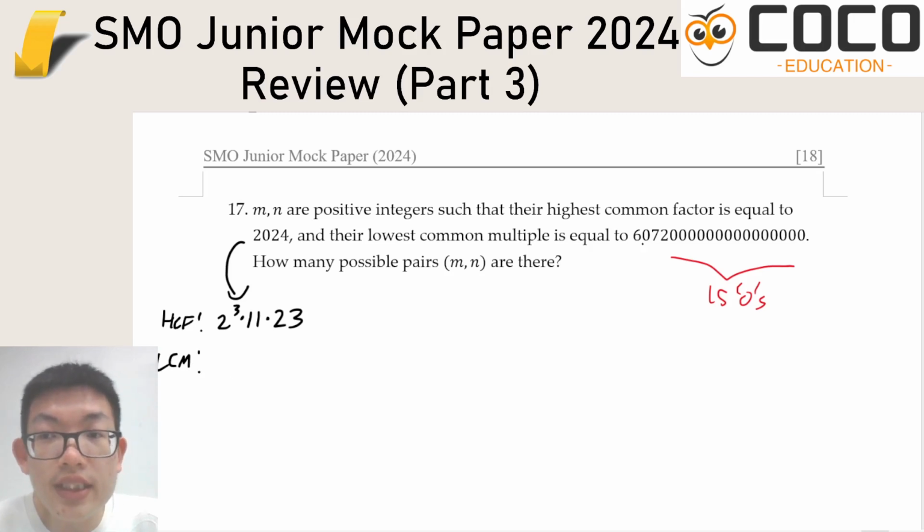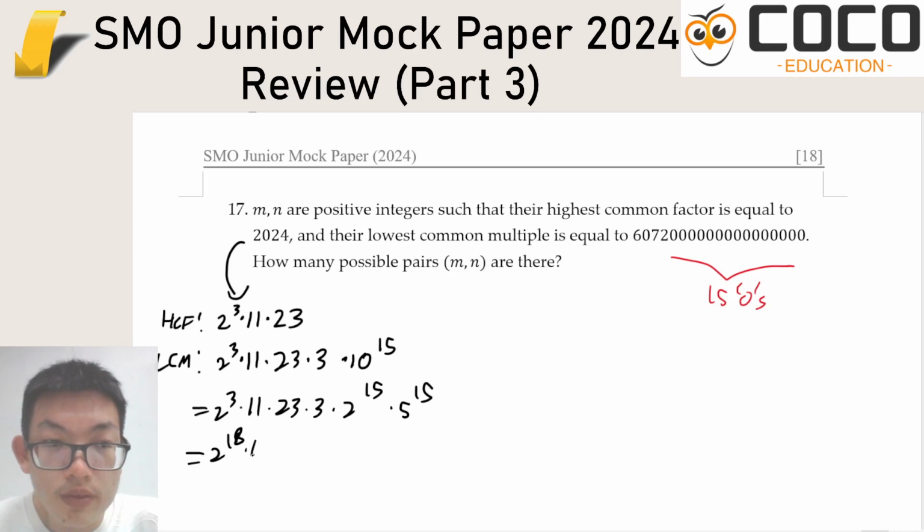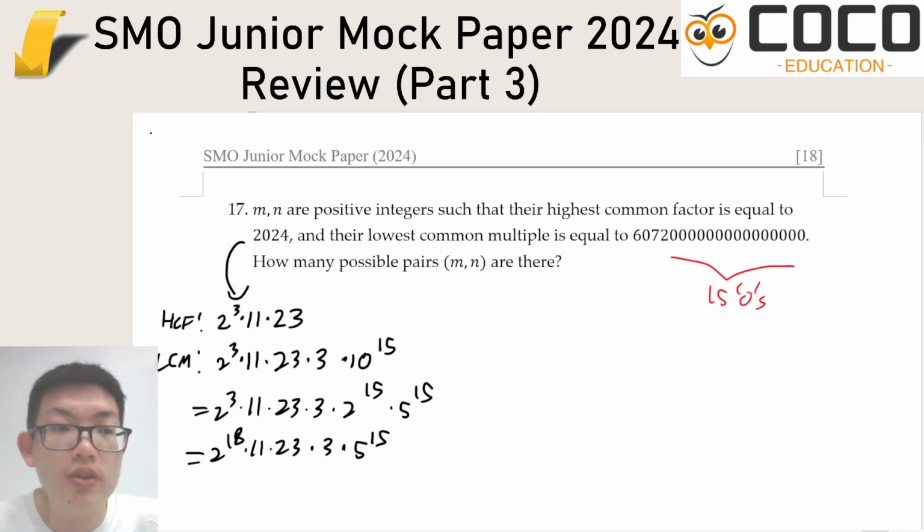Now, this thing here, 6072, is just 3 times 2024. 15 zeros means 10 to the power of 15, but you can further factorize that into 2 and 5, and so I can combine the 2's as well. Okay, so this is your HCF and this is your LCM.